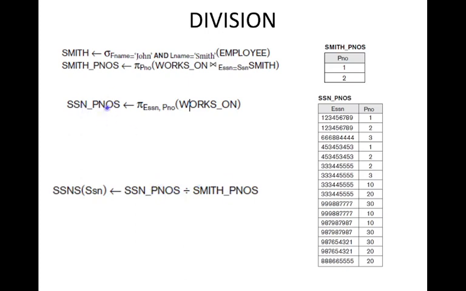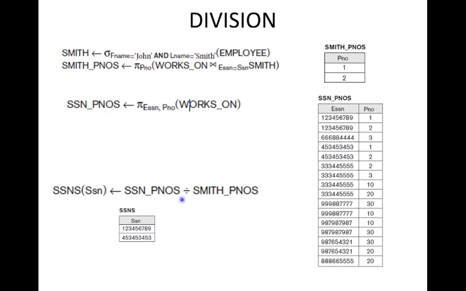That is, SSN and P number divided by this P number. This relation divided by this relation, then we will get the SSNs: 1, 2, 3, 4, 5, 6, 7, 8 and 4, 3, 5, 3. These are the two employees who are working with John Smith.